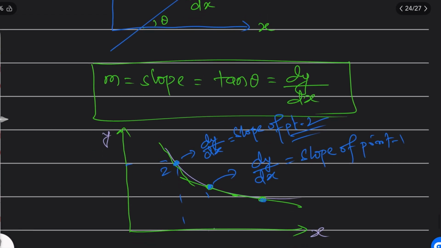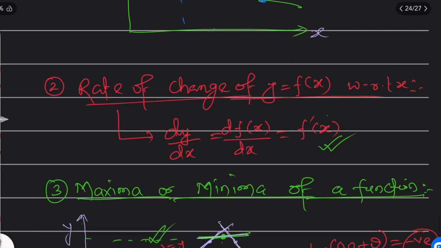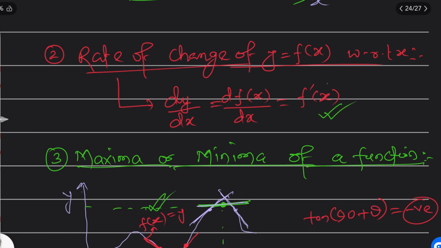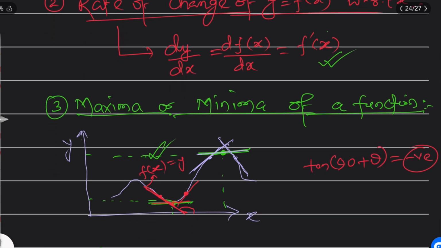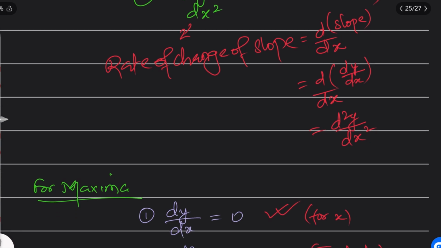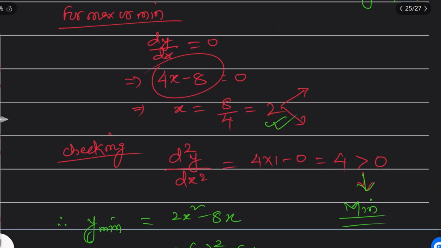Then rate of change: whenever something is changing, not only with respect to x, it may be with respect to time or anything, then the differentiated value gives this rate. The next is maxima and minima. We discussed the maxima and minima conditions also. So please go through the last video once and you will get more clarity on this.